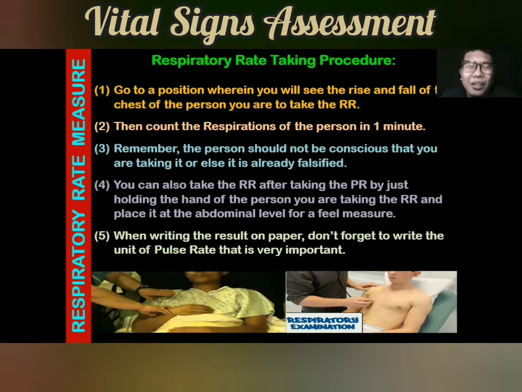So these are the differences between taking the pulse rate and the respiratory rate. So beware. In the pulse rate, it doesn't matter if they know or not, but in the respiratory rate, there's a tendency that you can record a false normal or a false abnormal if the person knows that you are taking the respiratory rate.